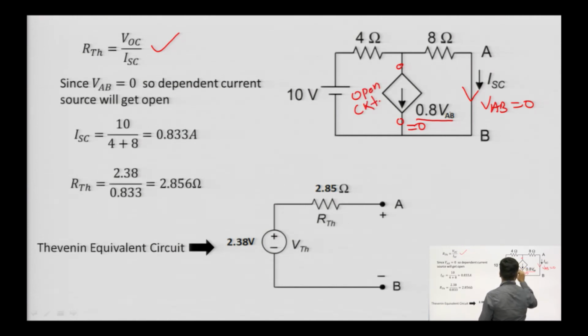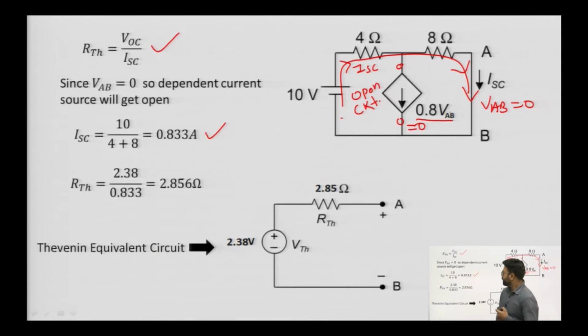If it is open circuit, then all these elements will be in series, so the current flowing is ISC. ISC will be equal to 10 divided by 4 plus 8, and we get 0.833 ampere.